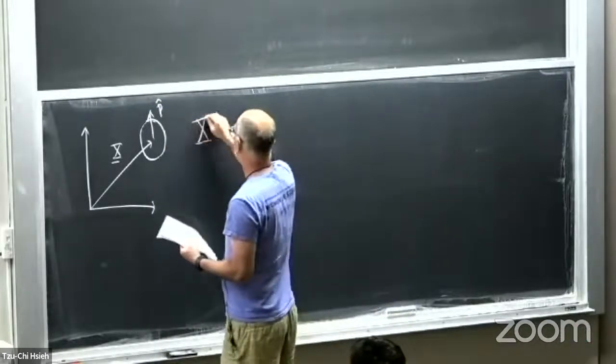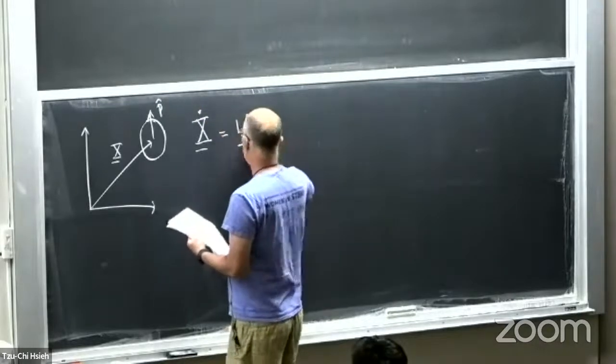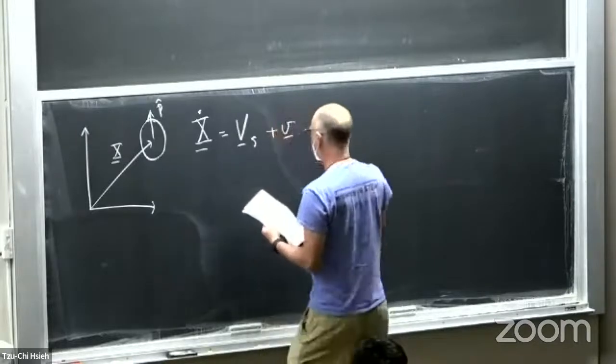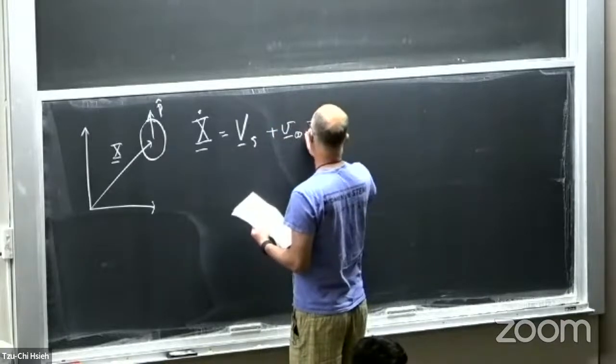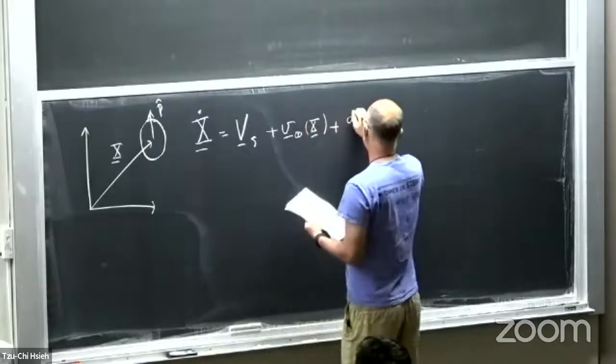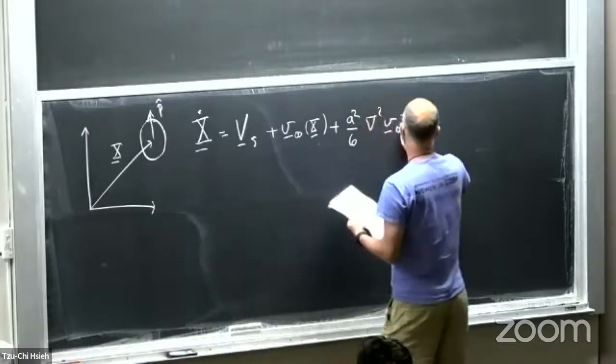And we just use superposition. We say that X dot is going to be the velocity of the swimmer plus what we get from Faxén's law. So now we have to evaluate it at the position of the swimmer. And if we want to be really accurate, we have to include this other term.